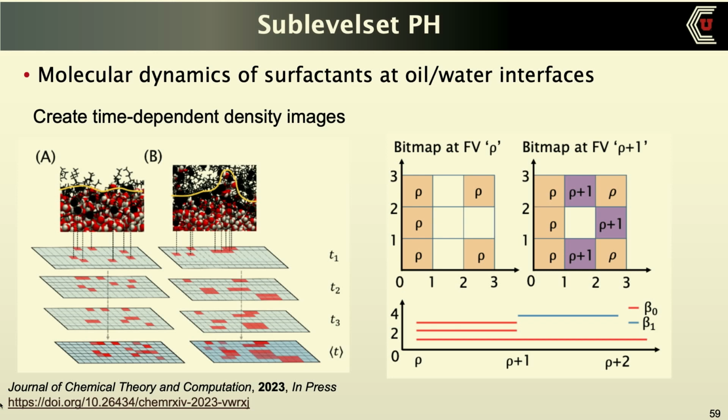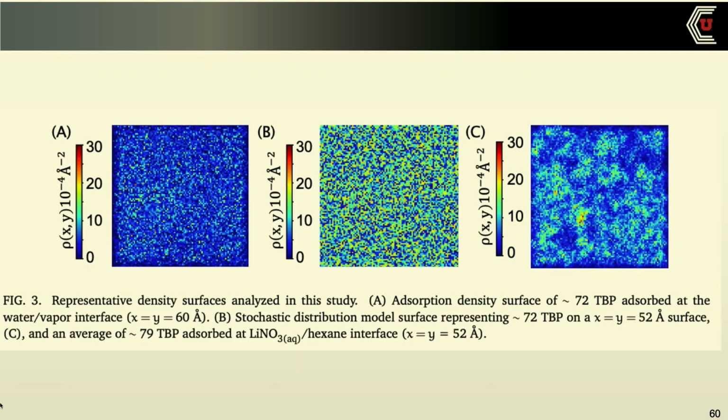And so we basically get an image of the density of the surfactant on the surface. Then we do sublevel set persistent homology of this bitmap representation of the density of these surfactants on the surface. And here are some of these density images of the surfactants on the surface.